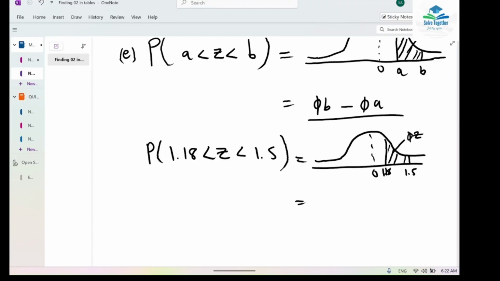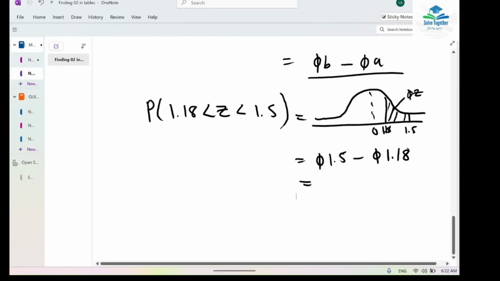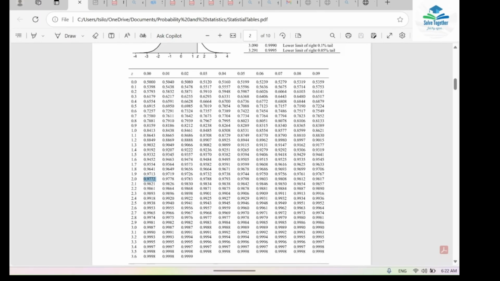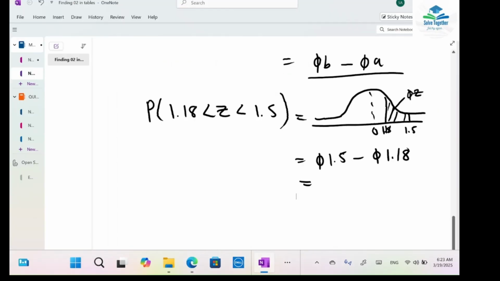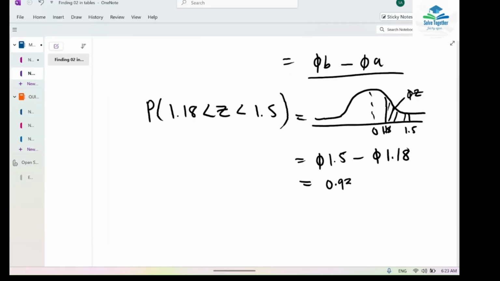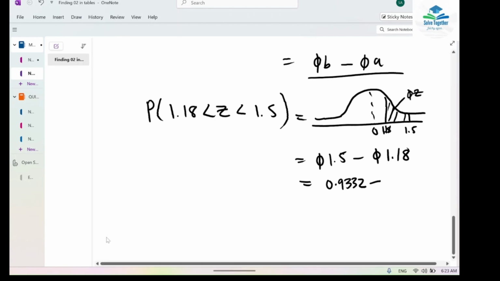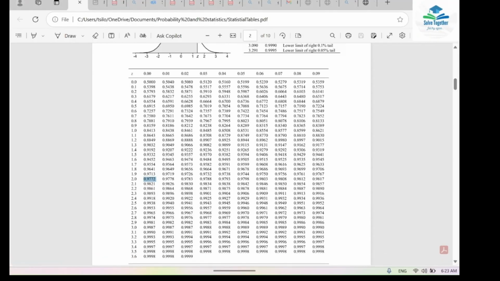So using this property, this will be phi 1.5 minus phi 1.18, which is equal to, from tables, 1.5 will be 0.9332, minus phi 1.18, this will be 0.881.